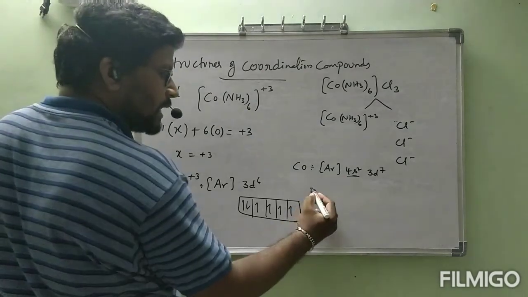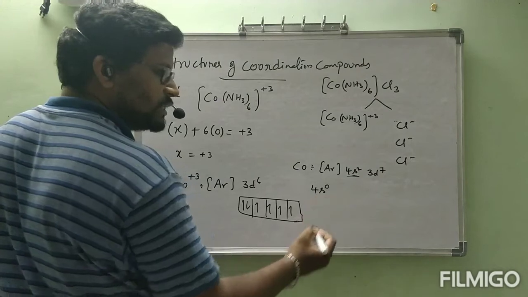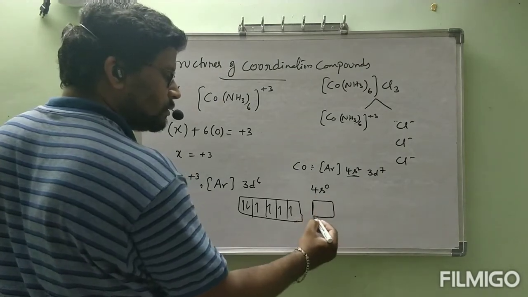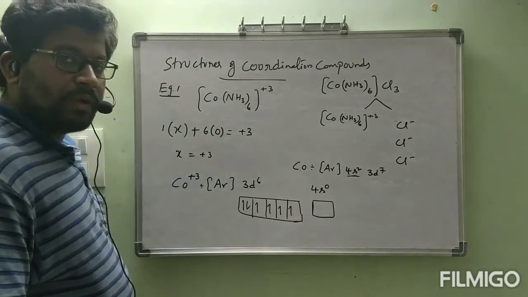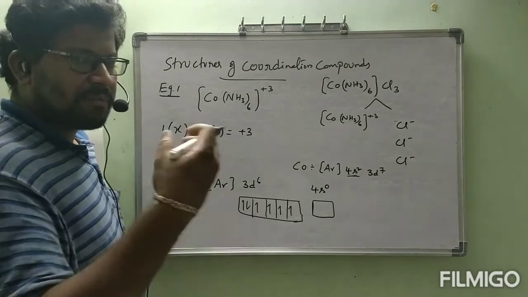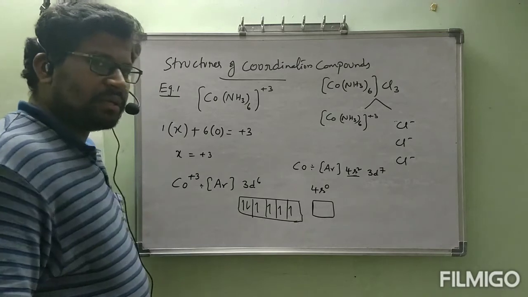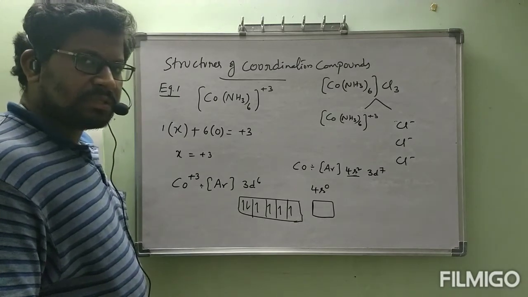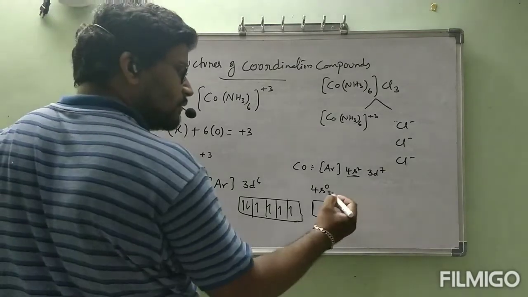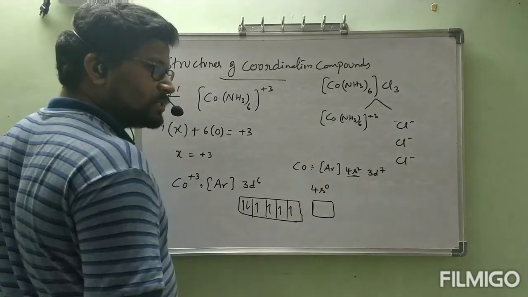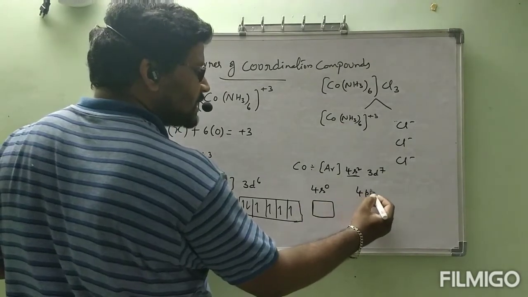Now I am writing 4s0 also. Why am I writing 4s0? Because the 2 electrons of 4s are removed, and I am representing the empty orbitals also. Even the fourth shell contains 4p also, but that is also empty only.